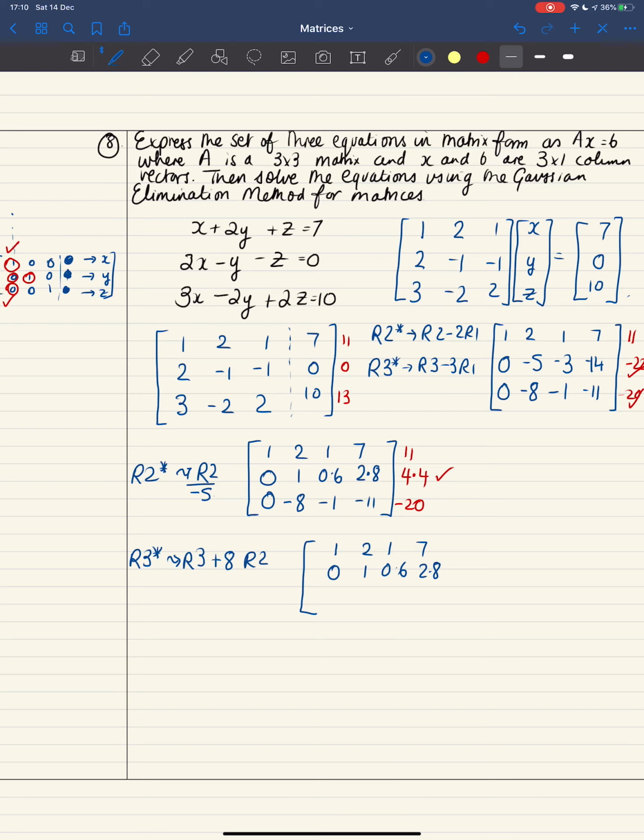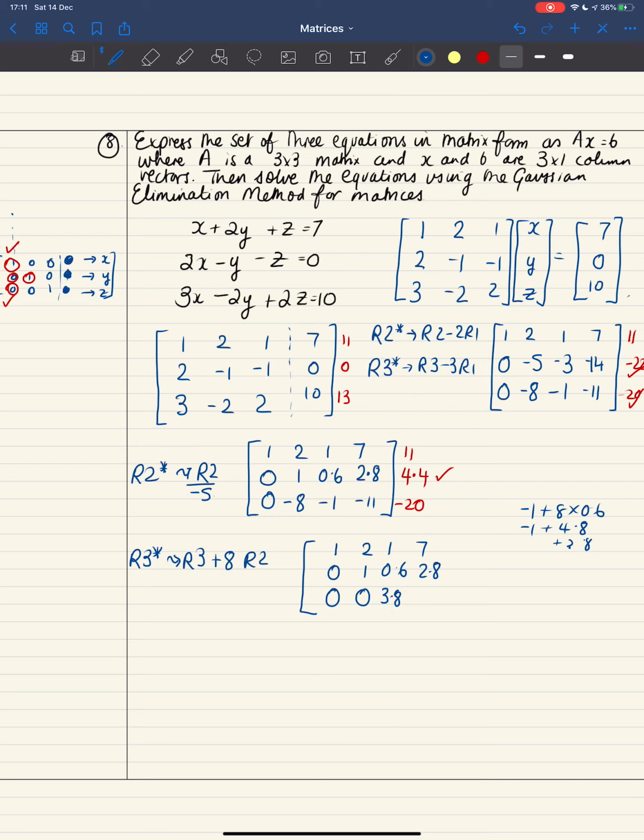So this is 0 plus 8 times 0 is 0. Minus 8 plus 8 times 1 is 0. So this last one is minus 1 plus 8 times 0.6. So it's minus 1 plus 4.8 because 6 8s are 48. So it's 3.8.